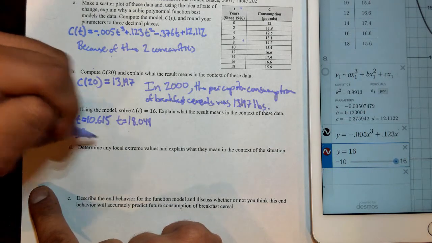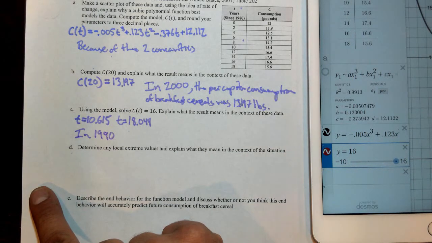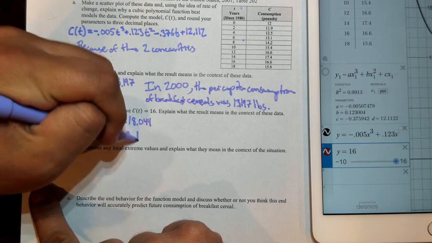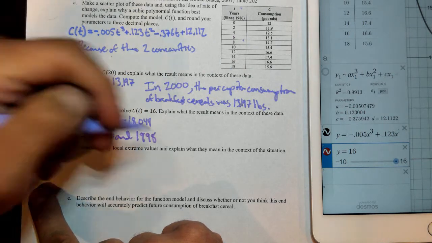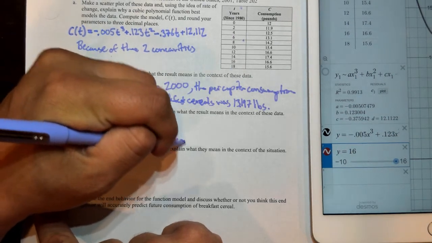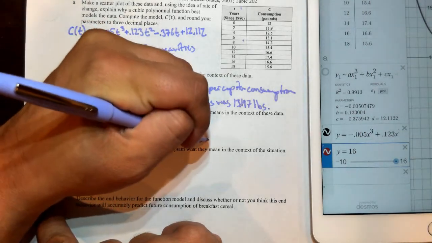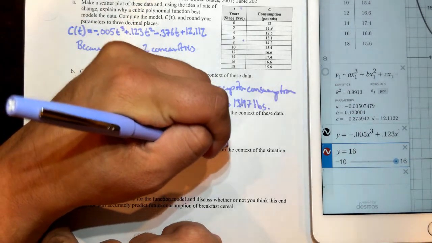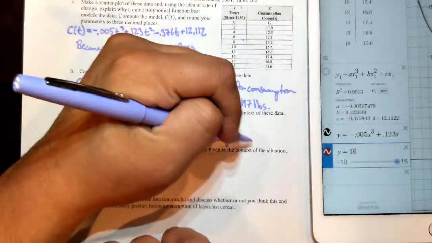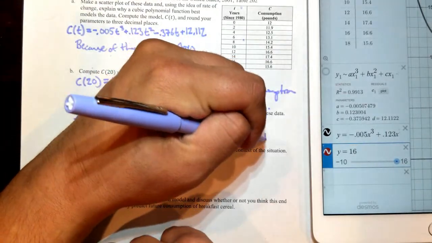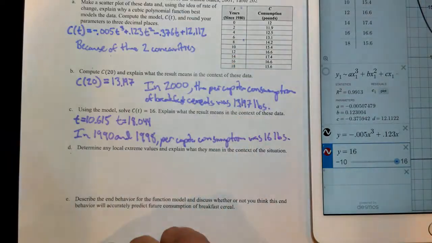So in 1990 and 1998, per capita consumption was 16 pounds. Okay.